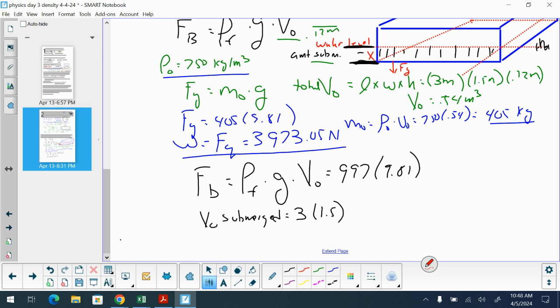But we don't know how far the height is underneath the water. That's what we're trying to find. So I can multiply 3 times 1.5 to give me 4.5x. So our buoyant force is 997 times the 9.81 times the 4.5x.